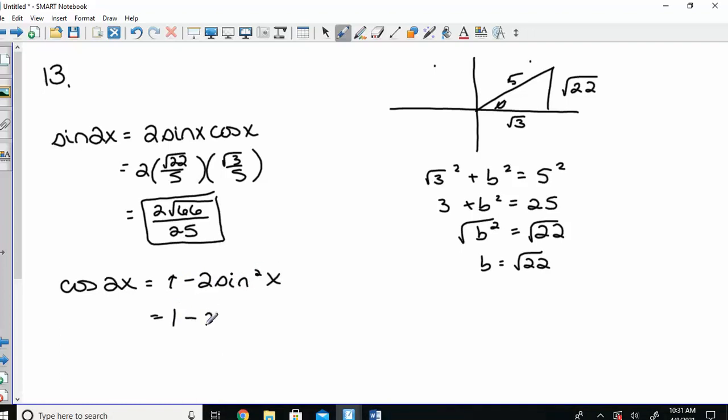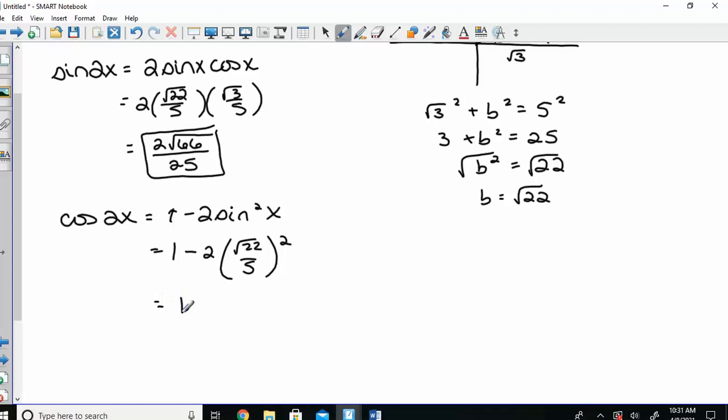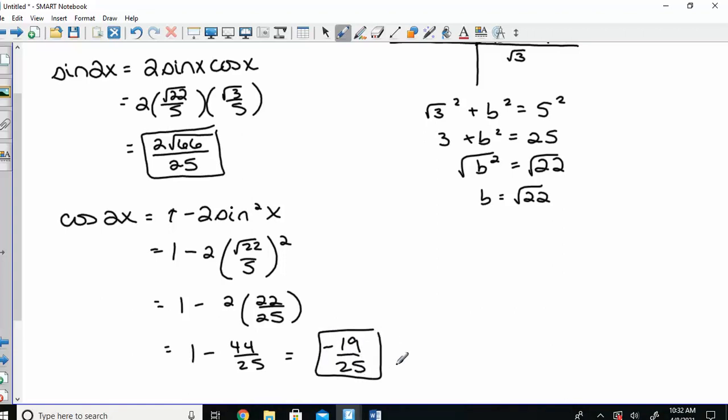So 1 minus 2 times radical 22 over 5 squared. Radical 22 squared is 22, 5 squared is 25. So you get 1 minus 44 over 25, which is negative 19 over 25.